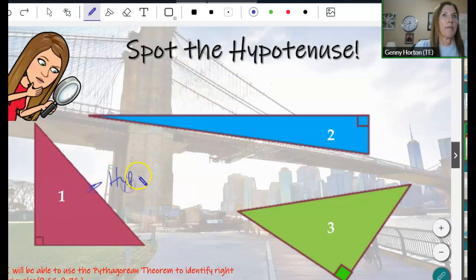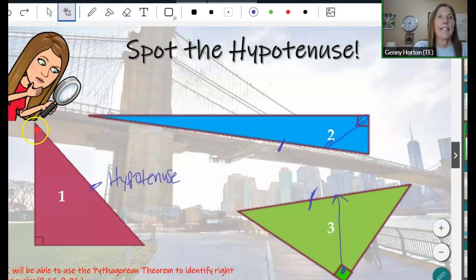I'm not going to write them out each time, but that side is the hypotenuse. Number 2, here's the right angle, so across from it, this side is the hypotenuse. Number 3, here's the right angle, go across, so here's the hypotenuse. Just always make sure you understand which side is the hypotenuse. Again, always the longest one and across from that right angle.